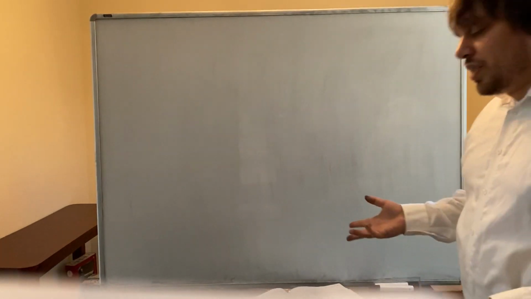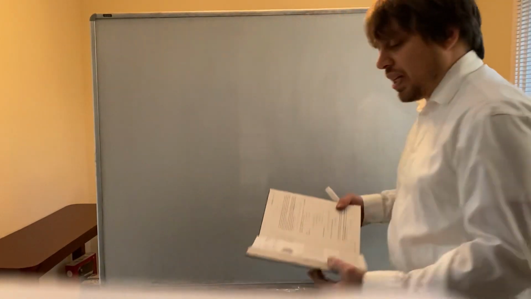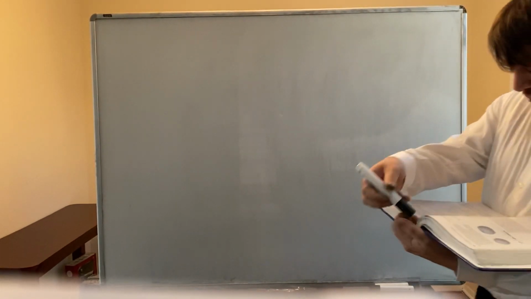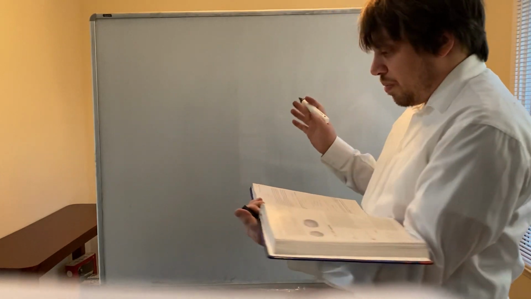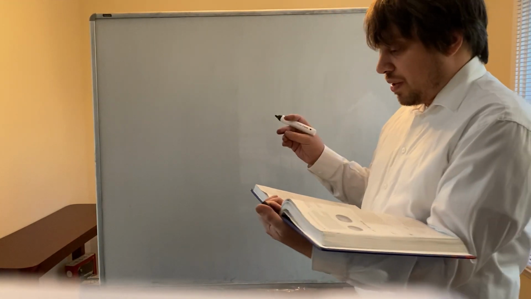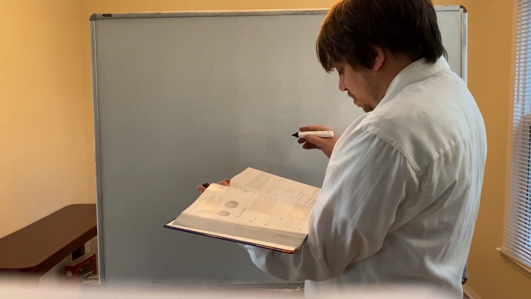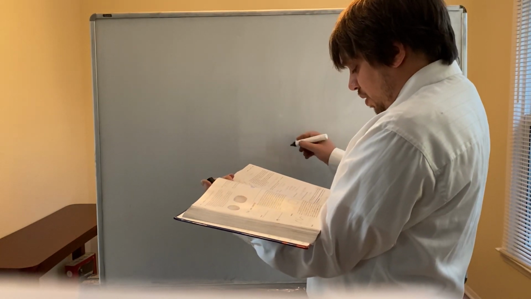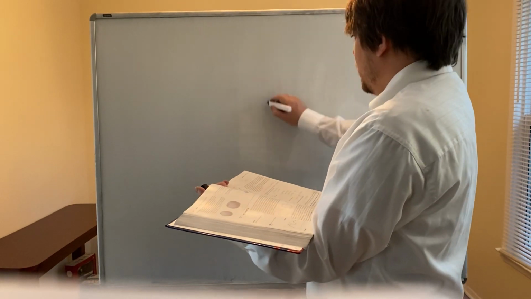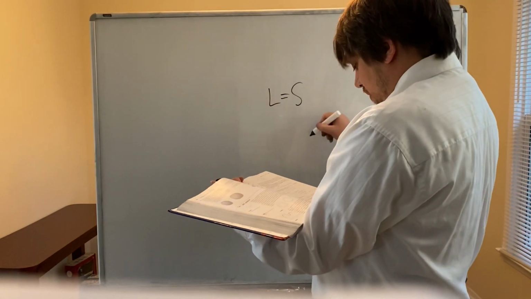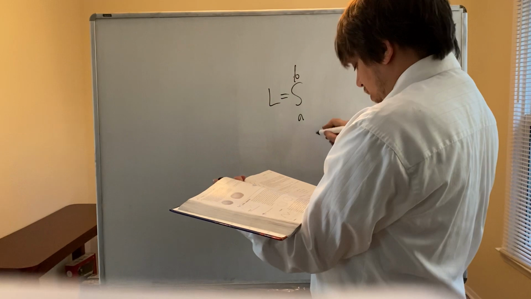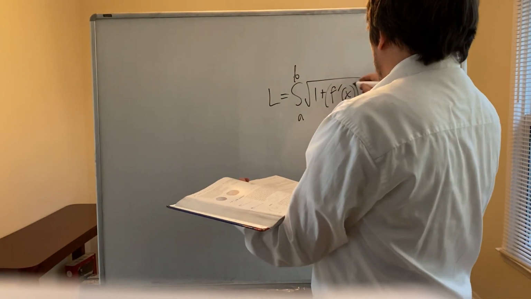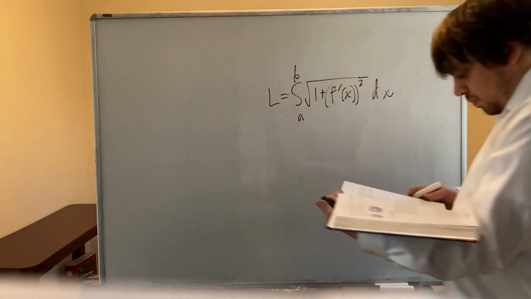Okay, the next section is 7.4, which is about arc length, and it starts on page 392. Okay, so the arc length formula, it says on the bottom of page 393, if f prime is continuous on the interval a, b, then the length of the curve y equals f of x from a to b is capital L, which equals the definite integral from a to b of the square root of 1 plus f prime of x squared dx.